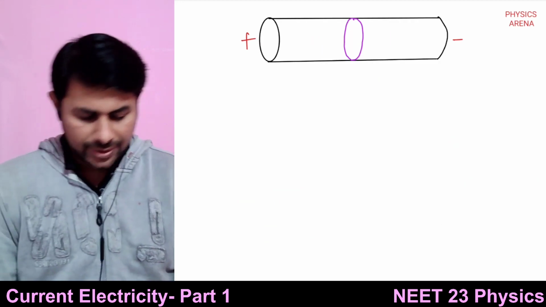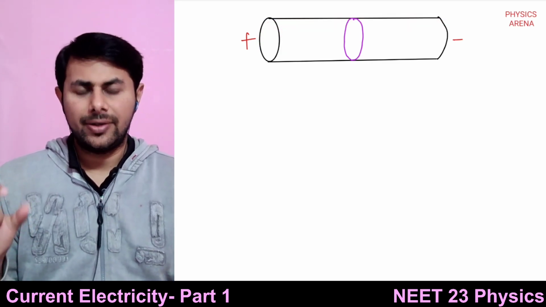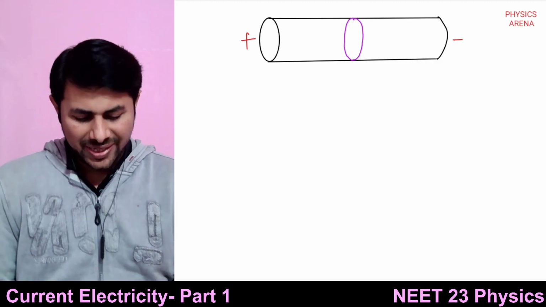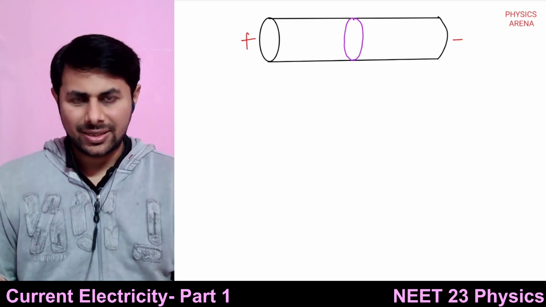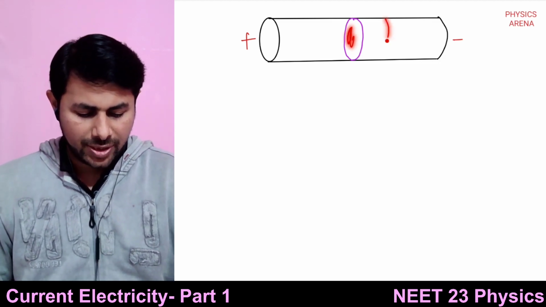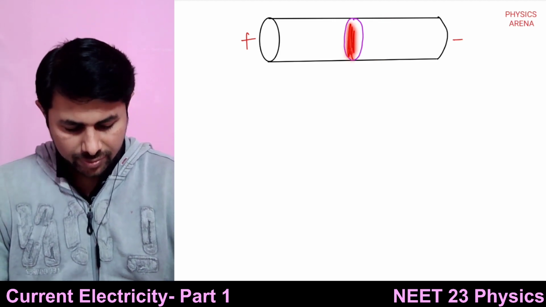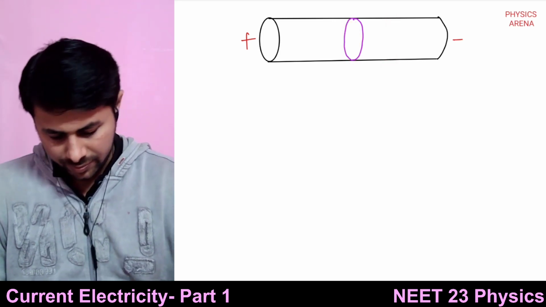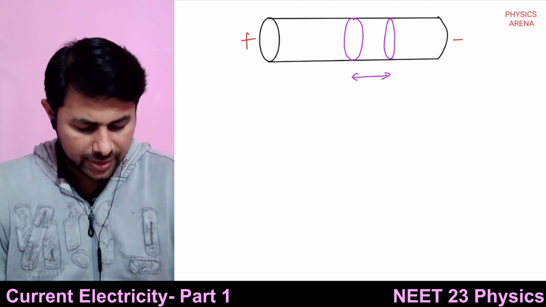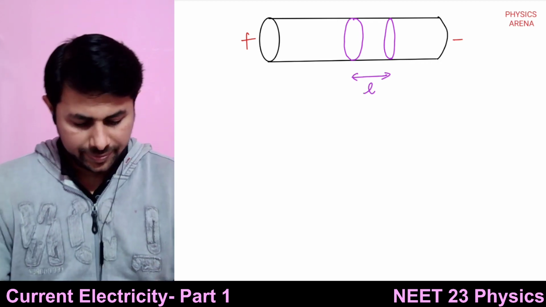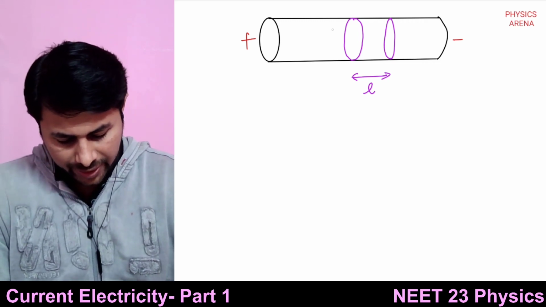So now once again let's consider this conductor, and suppose in some time delta t, the charge moves from here to here. Charge over here moves from here to here. This much is the distance, let's call it L. Let's name those surfaces A1 and A2.